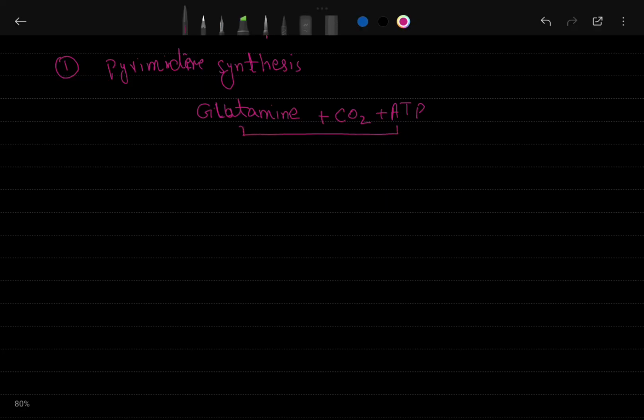These ingredients are combined together by the enzyme CPS-II, carbamyl phosphate synthetase 2, and then it makes carbamyl phosphate.